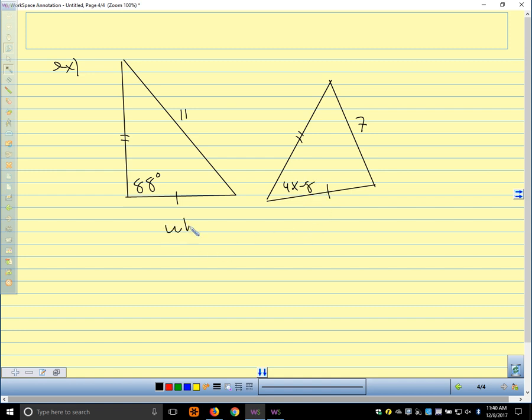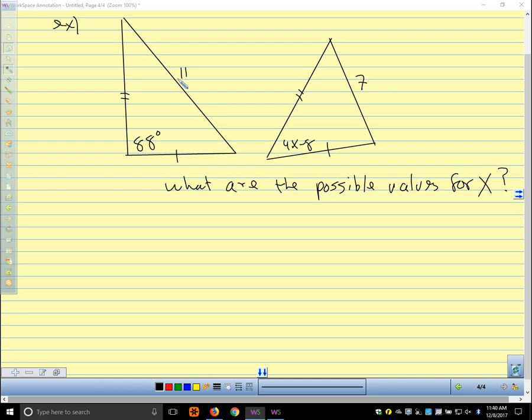And we want to know what the possible values for x are. Well, we have a side, angle, side triangle here, and a side, angle, side triangle here. But this 11 side is bigger than the 7 side. So what do we know about these two angles? How do those two compare? 88 has to be bigger because it's across from a bigger side.